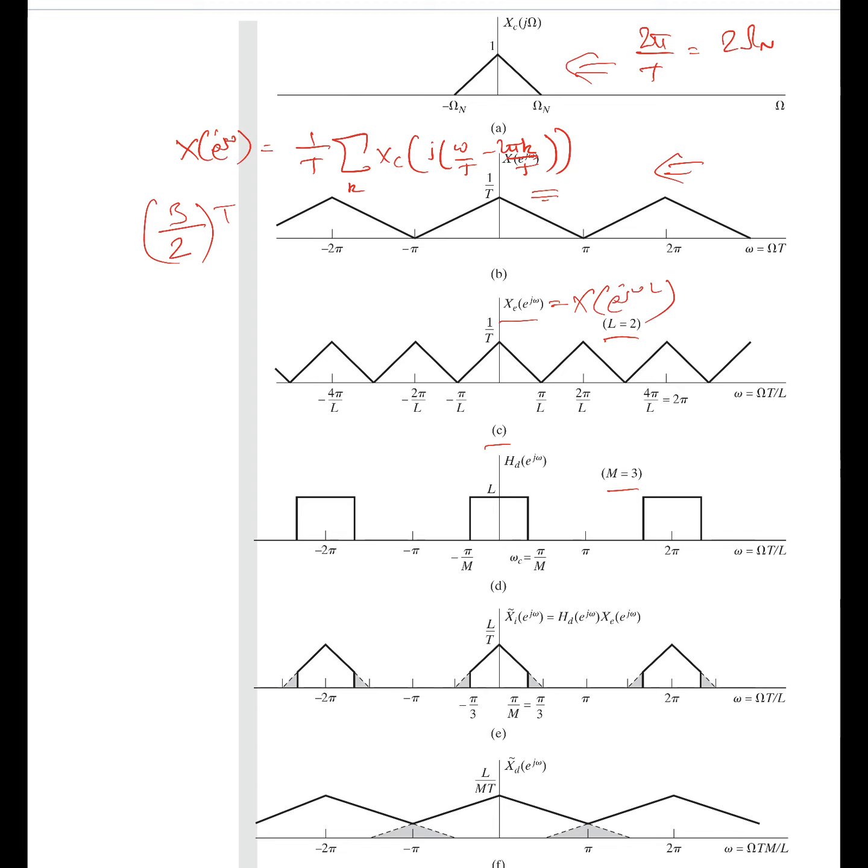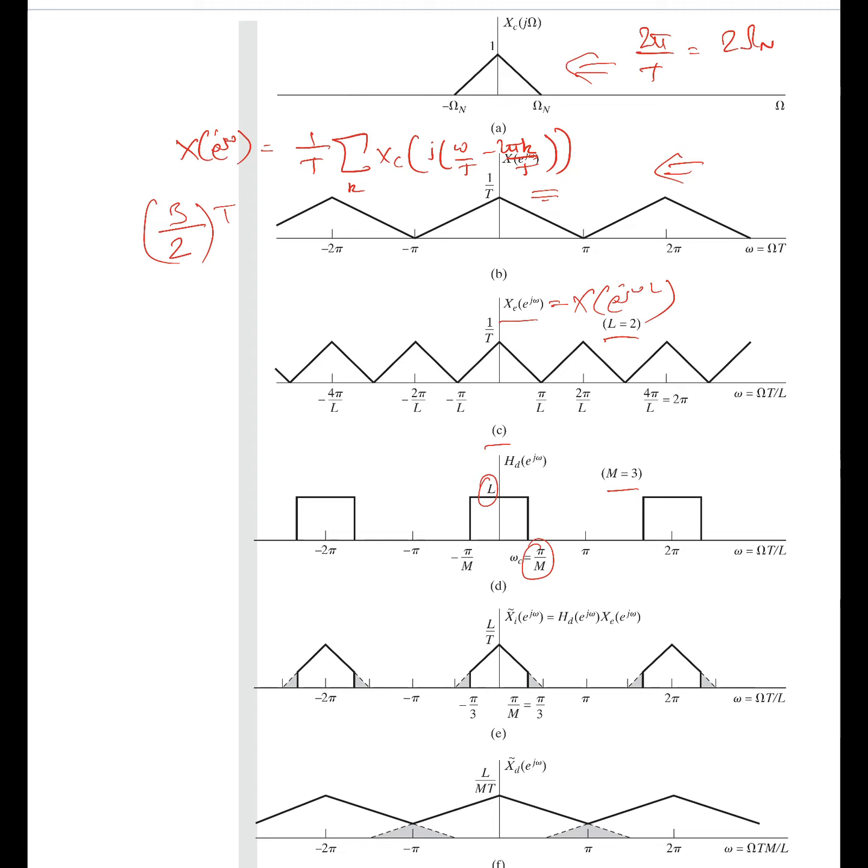However, since the output of the filter will be decimated by M equal to 3, we must use a cutoff frequency of omega c equal to pi by 3. But the gain of the filter should still be 2, because we had seen earlier that for the combination of the two low pass filters, the gain does not change.